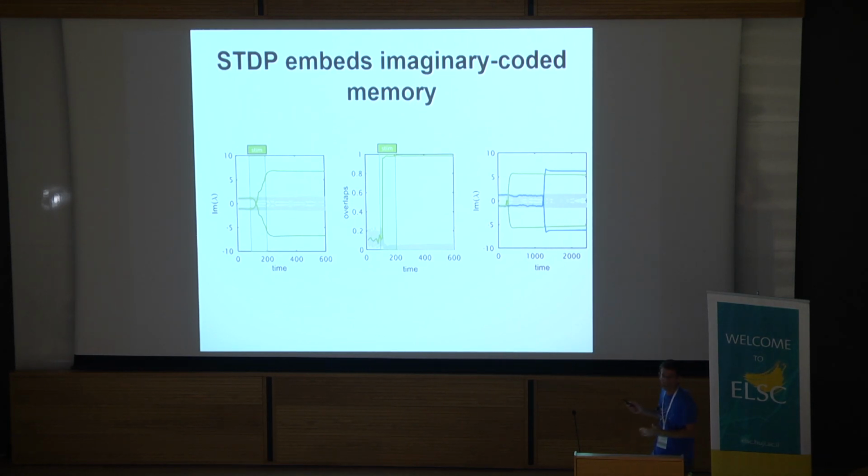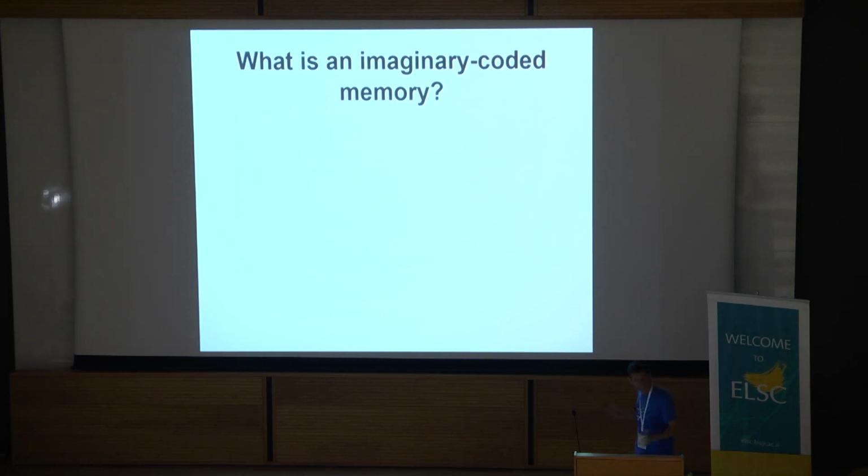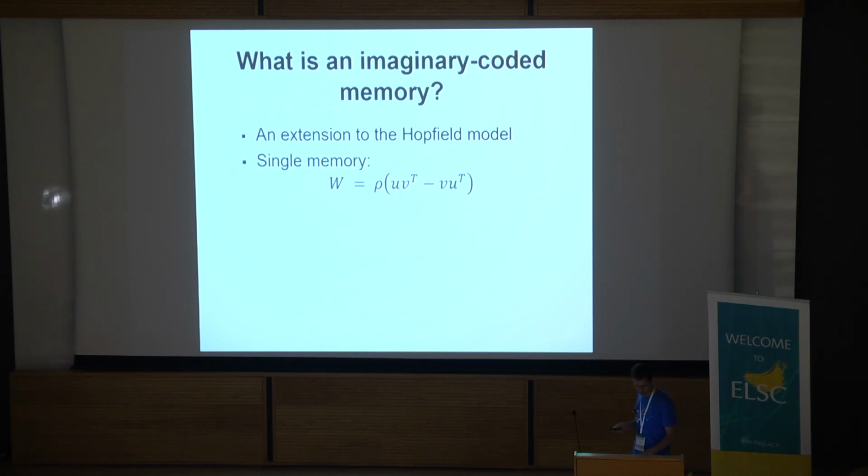It's not completely an imaginary concept because STDP can create such memories, but what is an imaginary coded memory? How do you interpret that? Actually, it's a simple extension of the Hopfield model. A single memory is going to have this form, which is this anti-symmetric term, just like the Hopfield model, only you replace a fixed point with a limit cycle.